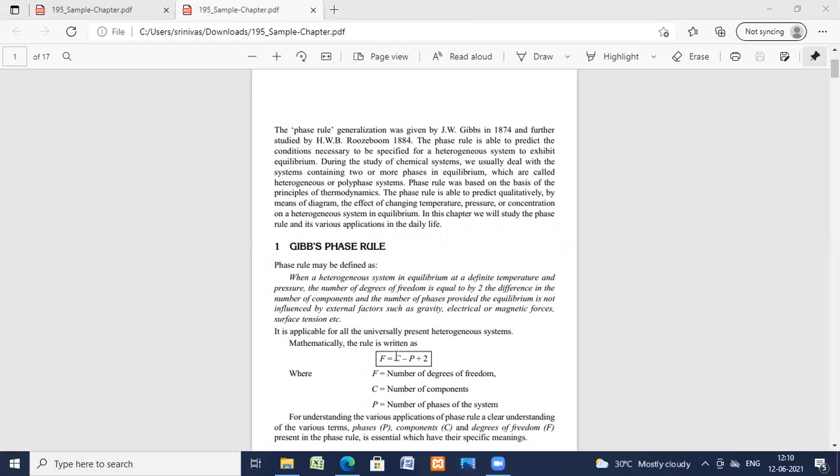F plus P is equal to C plus 2. F is equal to C minus P plus 2. F is the degrees of freedom, C is the number of components, P is the number of phases of the system.